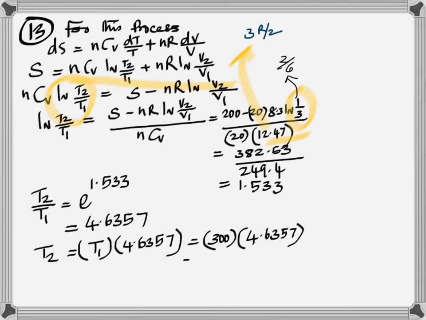You get T2 as 1390.72. Oh, that's supposed to be Kelvin, not joule per Kelvin.